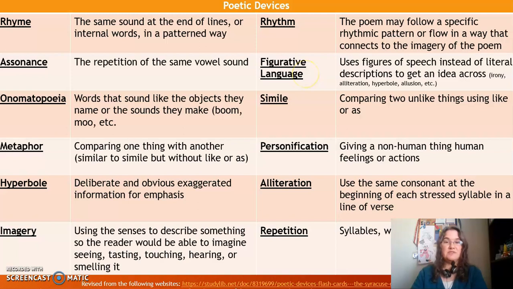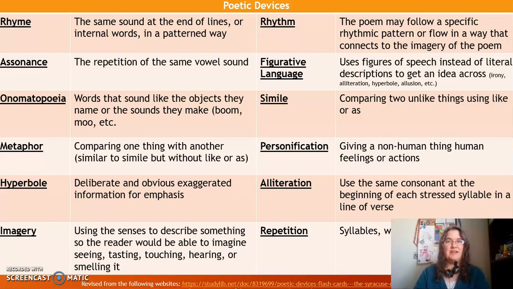Assonance, that's the vowel sound repeating. Figurative language, that's figures of speech used instead of literal descriptions. And a lot of the things that are on here are actual figurative language. So if you can't find any of these, you could look up figurative language and be able to find more possibilities of what to look for.